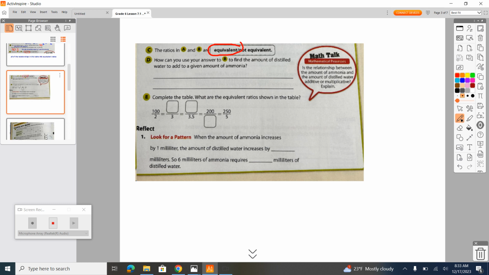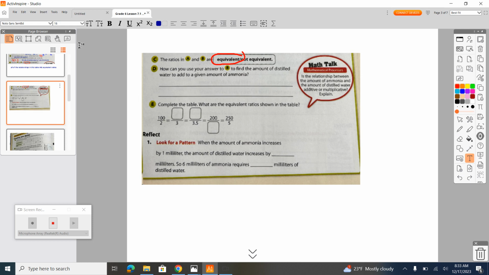Let's remember our unit rate is 50 units of distilled water for 1 unit of ammonia. So for every 1 unit of ammonia, we need 50 units of distilled water.